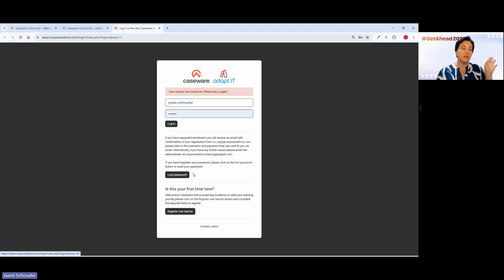If you have never been here, you can just click lost password, put in your email address, and it will give you your link, your access as well, and send you a once-off password reset. So either of those options is available. I'm just going to log in quickly just to show you where the courses are.